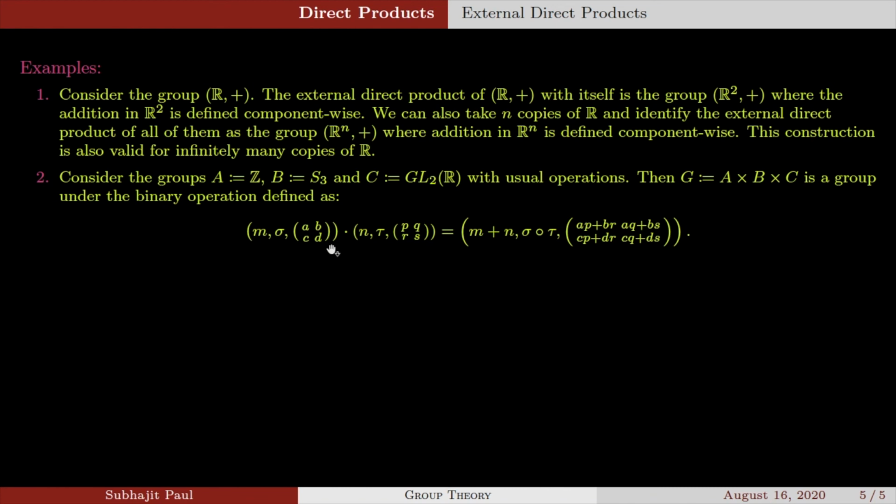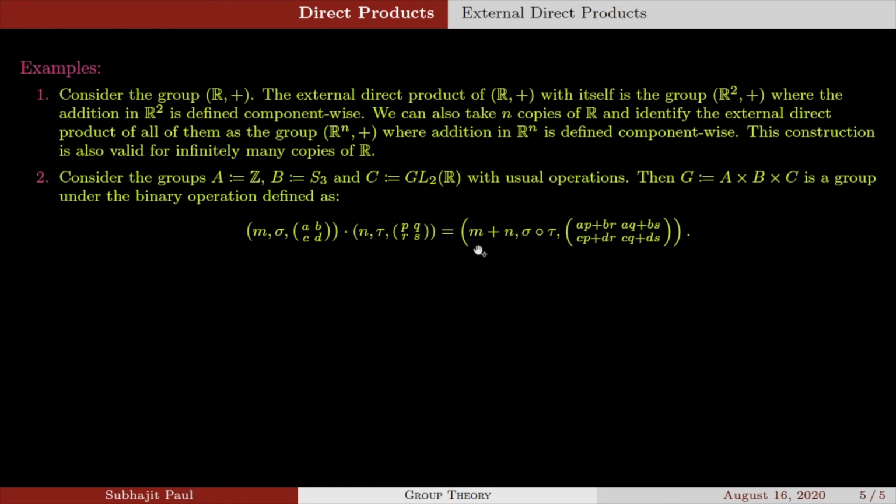So this is one element of G. The second element in G is n, which is an integer, tau, which is a permutation, and (p q; r s), which is a matrix. These are my two elements from G. And how do we multiply? We multiply component wise. In the first component we have m and n. How is the binary operation defined there? With usual addition.